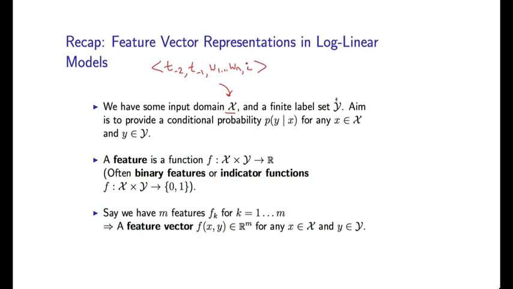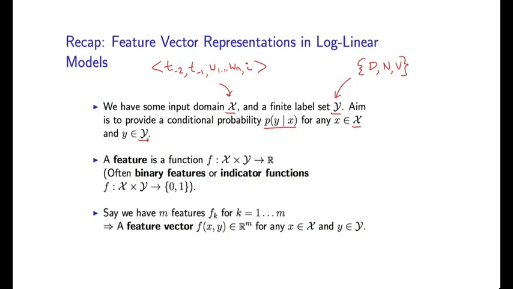And we also assume that we have some finite label set, which we denote by script Y. For example, this might be the set of all possible part of speech tags, maybe D, N, and V. Our aim is to provide a conditional probability p of y given x for any history x combined with any label y.